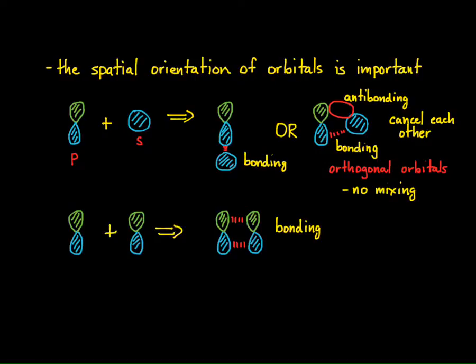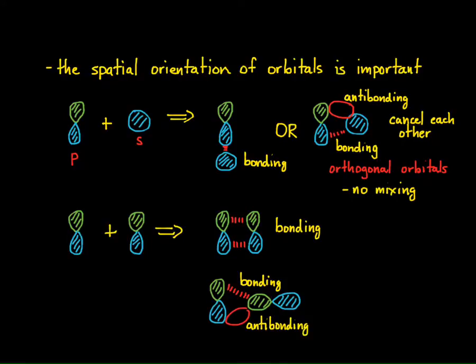Conversely, you can have a p orbital that is perpendicular to another p orbital. Now when this occurs, it's very similar to when an s orbital interacts with the p orbital. Notice I have a green lobe and I can get bonding to occur with the other green lobe, but I also get antibonding of the blue lobe.